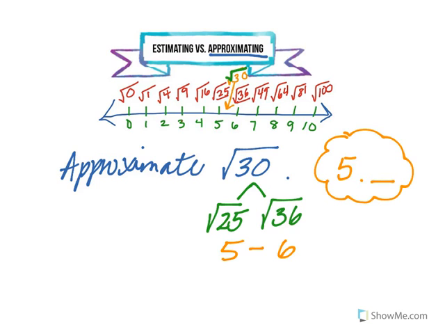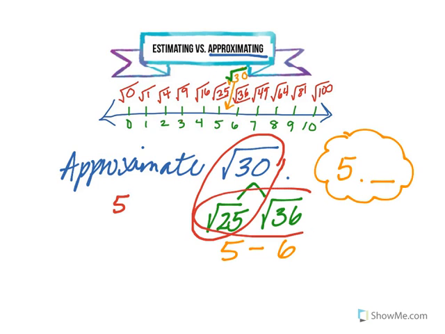We can use this trick, which I call the L trick, because you're finding the difference between 30 and 25, which is 5, and the difference between 36 and 25, which is 11. And you divide these two numbers, 5 divided by 11. That gives you 0.4545.